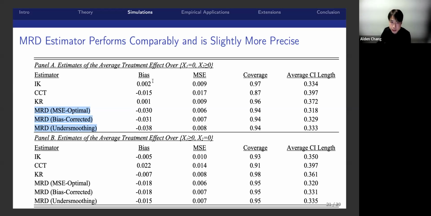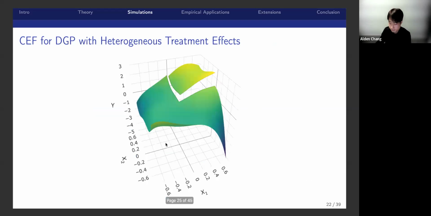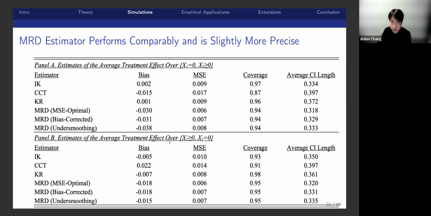So we can see in the first column that the MRD estimator has a little bit larger bias in some cases, but the bias is still relatively small, and instead it has a lower mean squared error than the single dimensional cases typically. And actually all of the methods tend to have pretty much accurate coverage.